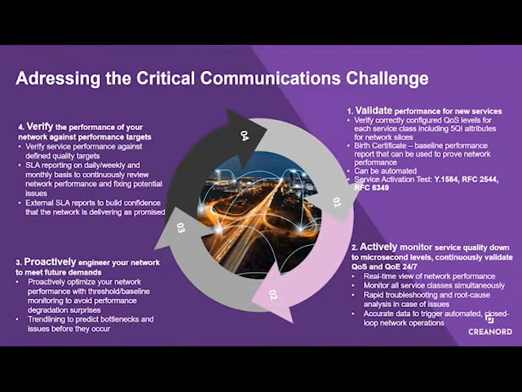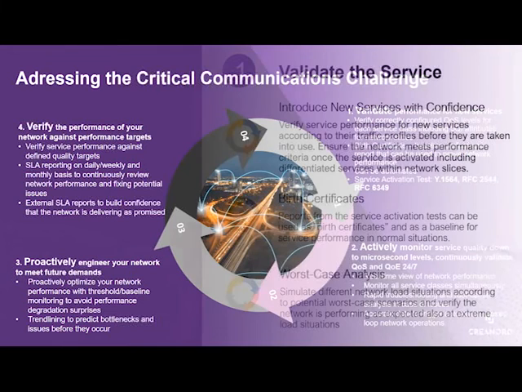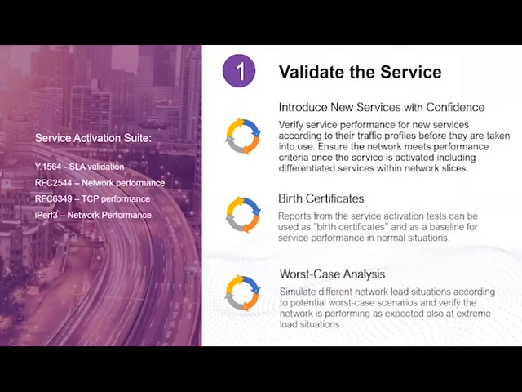The same reports can also be used for internal purposes to continuously review the network and fix potential issues. So let's have a deeper look at each of these parts.